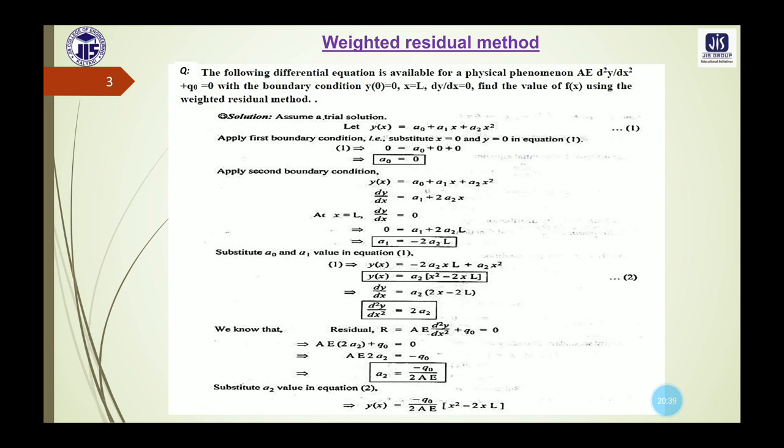Finally we have entered that value of a2 in equation number 2, by which we have calculated the value of y or f(x) using the weighted residual method. So this is the procedure to solve such numericals using this weighted residual method.